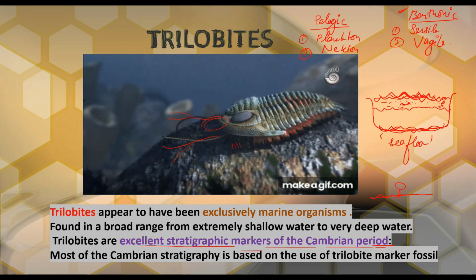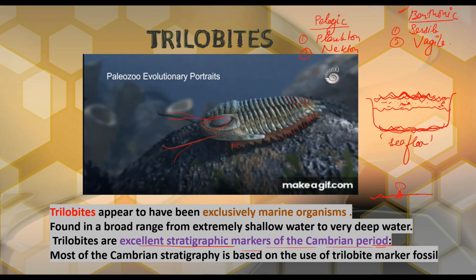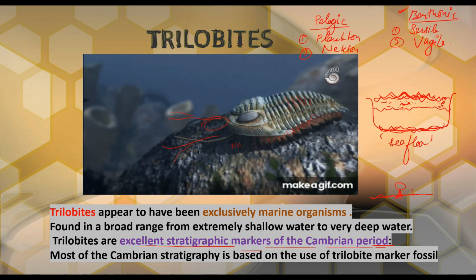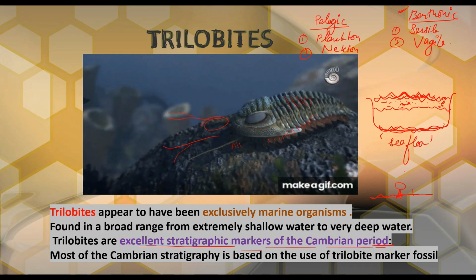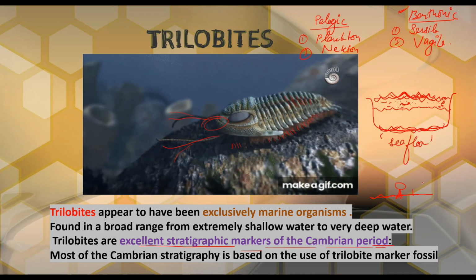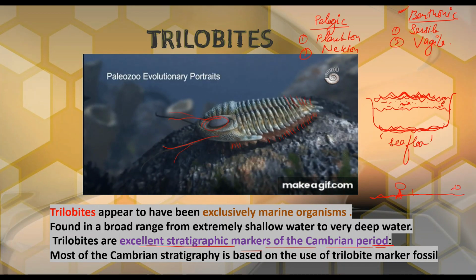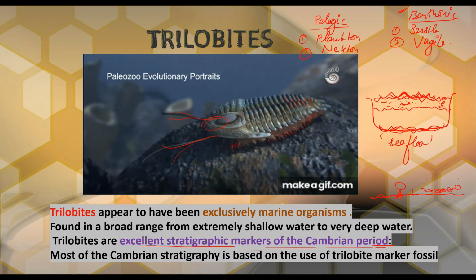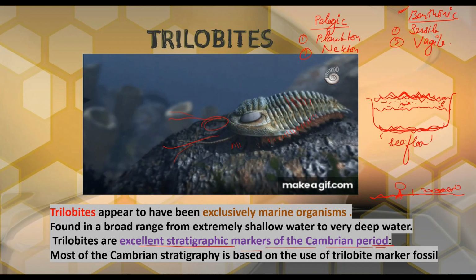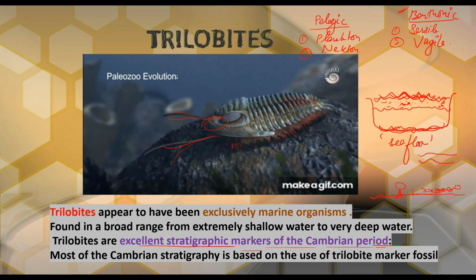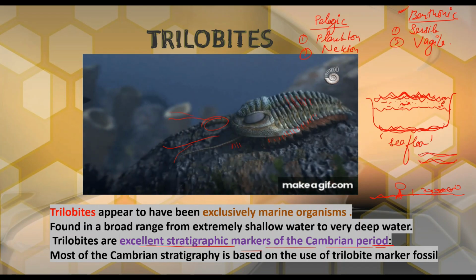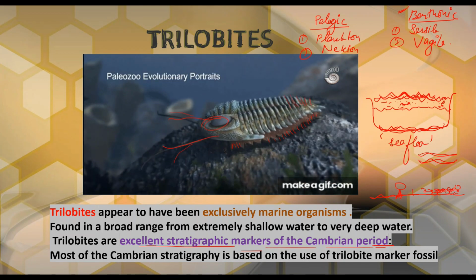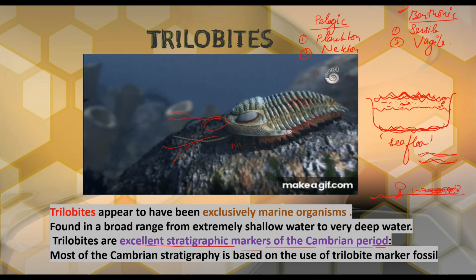Or byssus or thread, anything which attaches them to the sea floor. But vagrant are capable of moving on the sea floor. They move freely, but they move only on the sea floor. You will not find them at the upper surface, right? These are only found at the bottom floor, and they move freely at the bottom surface.